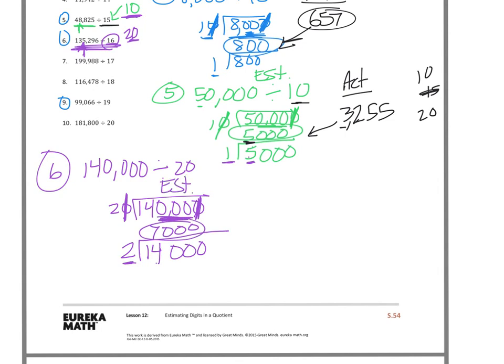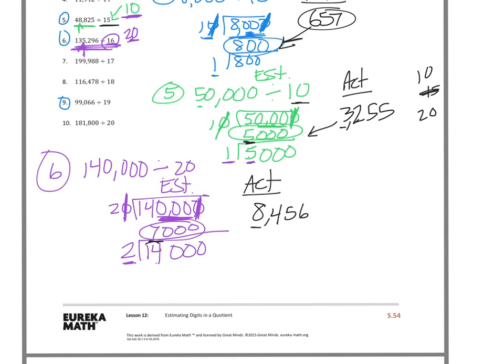Now when I go to do my actual, and I plug that into the calculator, so what I'm plugging in is 135,296 divided by 16, I get 8,456. So we see we're 1,456 off on that one. And so my comparison between this is the divisor is not as close to a multiple of 10, so the quotient is not nearly as close to the estimate.